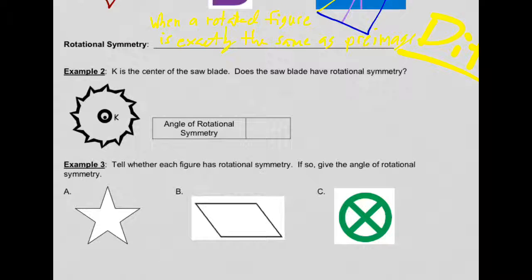And then in example 2, take out your patty paper just in a corner, and I want you to trace out that K, that saw blade there.